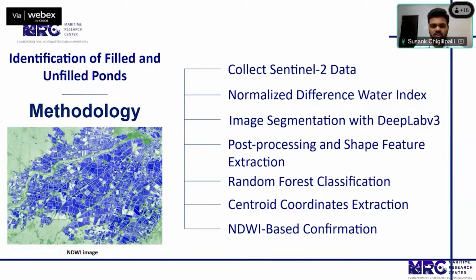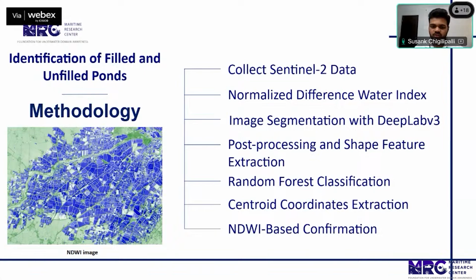So after segmentation, we proceeded to post-processing and shape feature extraction. We refine our segmented images using morphological operations and extract shape features like area, perimeter, aspect ratio, compactness, and centroid. These features are vital for understanding the characteristics of each pond.